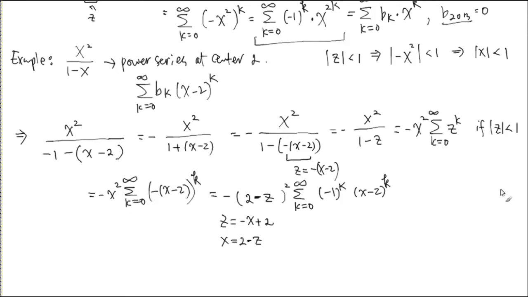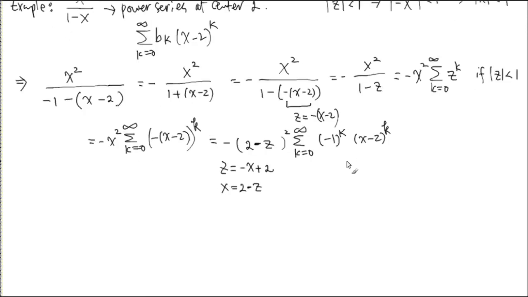Correct? Yeah. All right. So what we have here is that if you apply the negative, we have the following: negative 4 plus 4z minus z squared. So I'm going to do that in the next line.